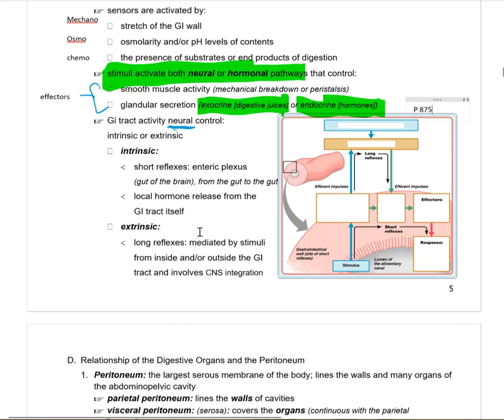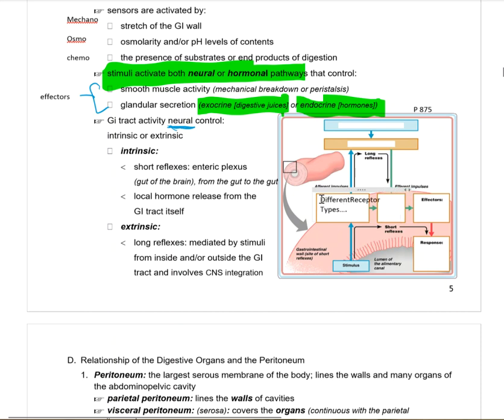But the first thing is, let's start with intrinsic things that are happening in the gut. These are called short reflexes. And the reason why is the stimulus is happening inside the GI tract. So let's say we put some food somewhere and we stretch some receptors. And there are different receptor types, the different receptor types that we just talked about.